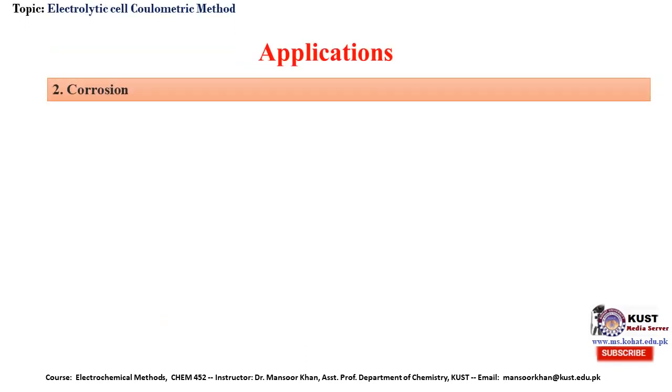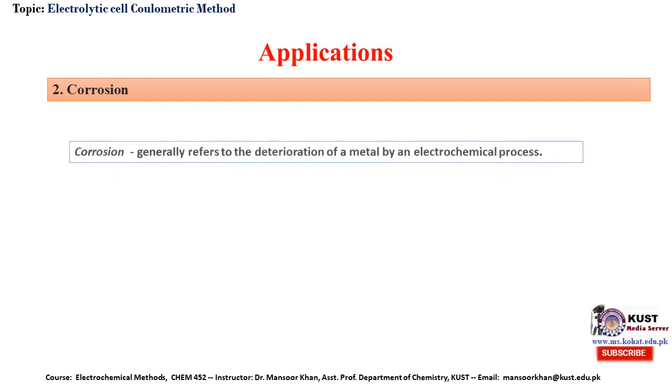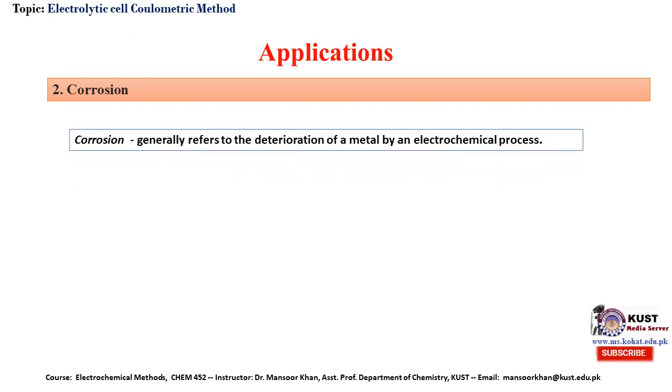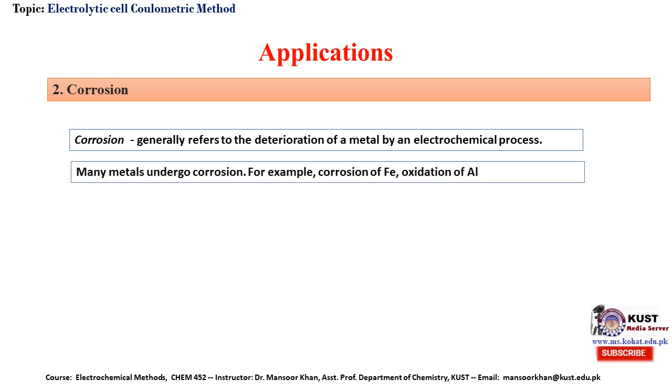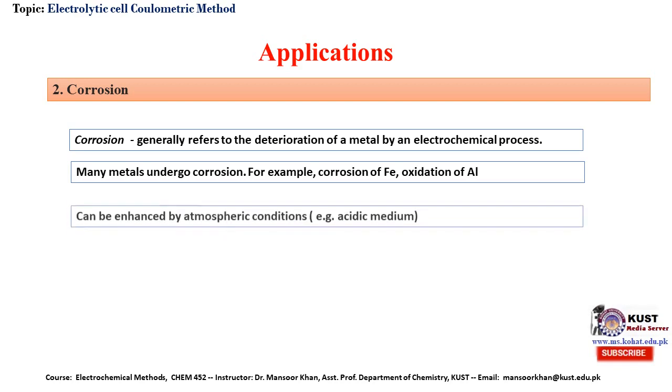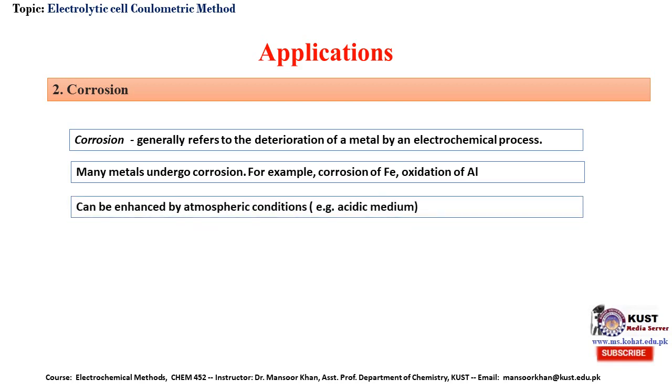Another application is corrosion. Corrosion generally refers to the deterioration of a metal by an electrochemical process. Many metals undergo corrosion, for example corrosion of iron and oxidation of aluminum, which can be enhanced by atmospheric conditions and mostly in acidic medium.